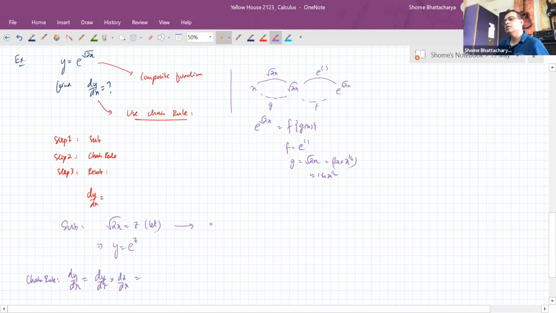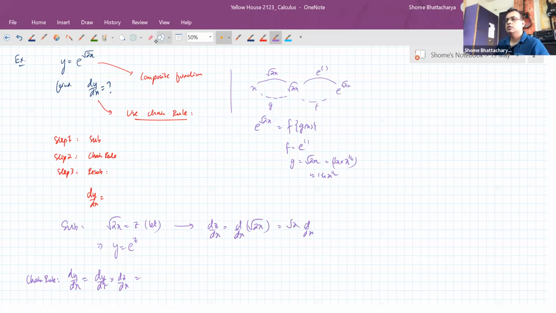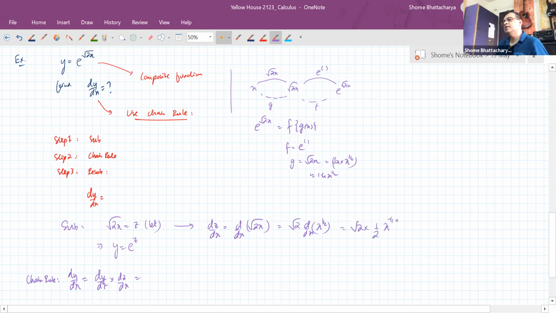So if this is z, then what is dz by dx? It is differentiation of square root 2x now. So that is root 2 into differentiation of root x. So that is root 2 into 1 by 2 x to the power minus half. So this is your dz by dx.